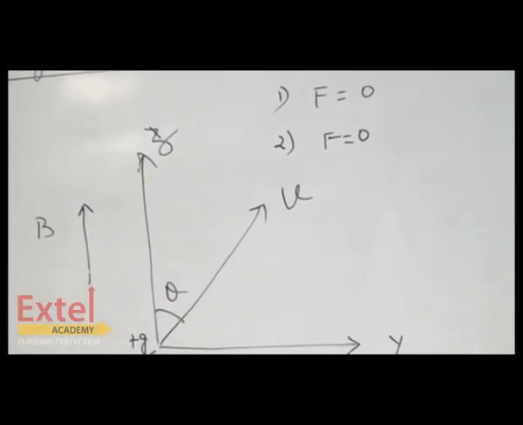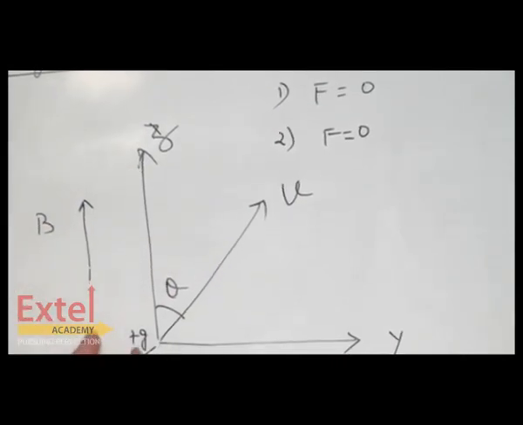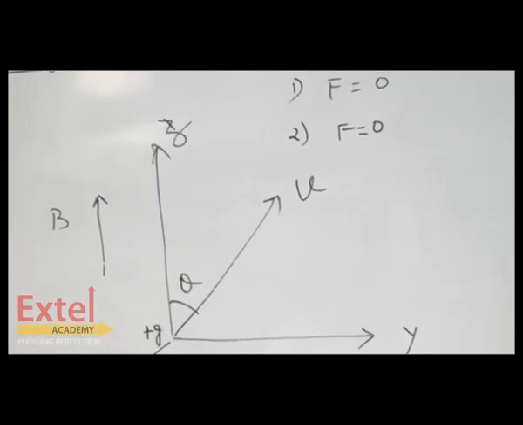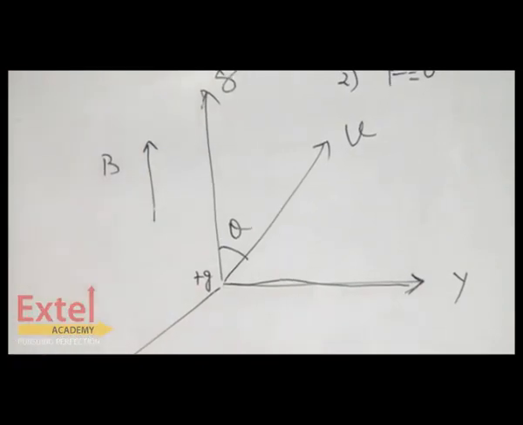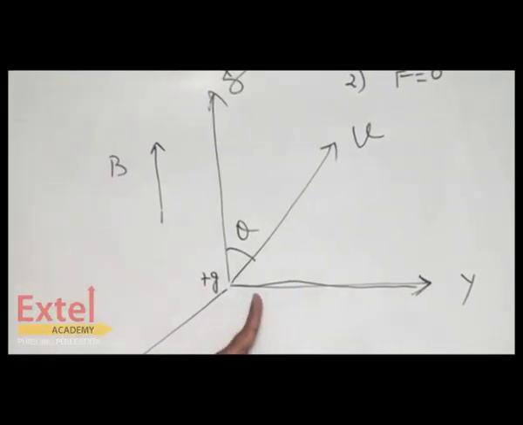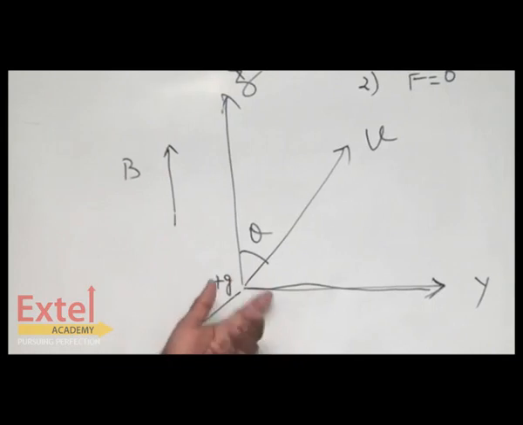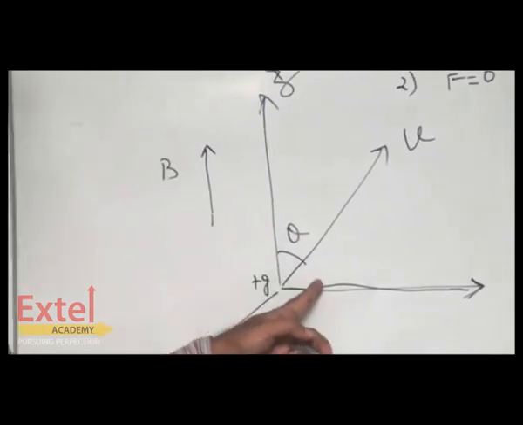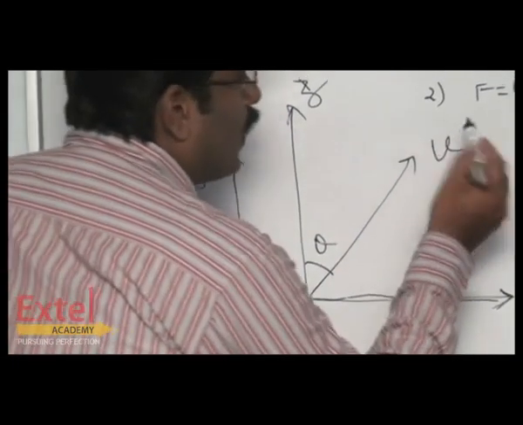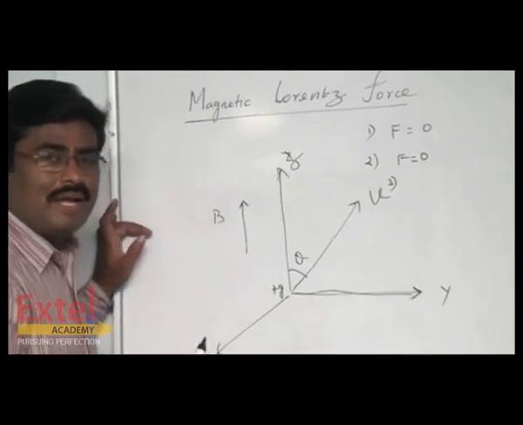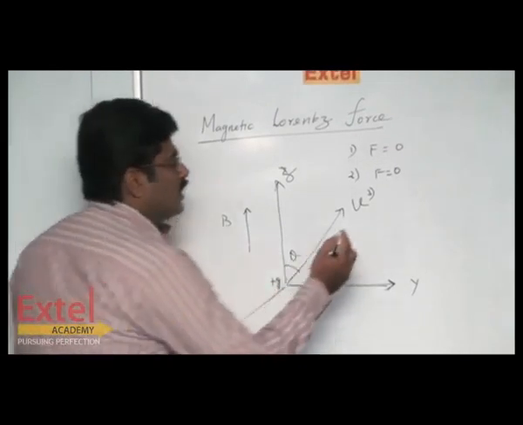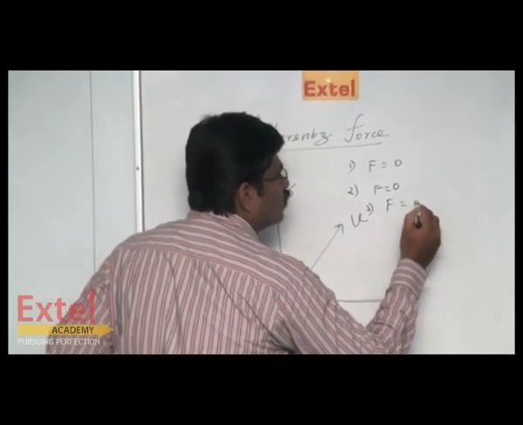When exactly will the force experienced by the charged particle be maximum? If a charge moves along the y direction, it maintains a perpendicular angle, meaning 90 degrees, with respect to the uniform magnetic field. So when the charge moves perpendicular to the uniform magnetic field, the force is maximum.